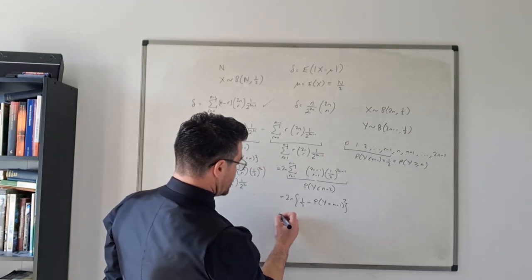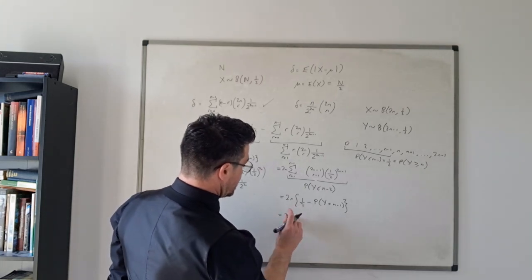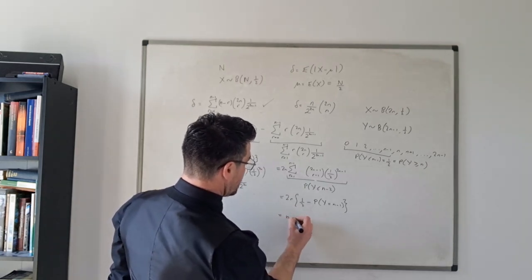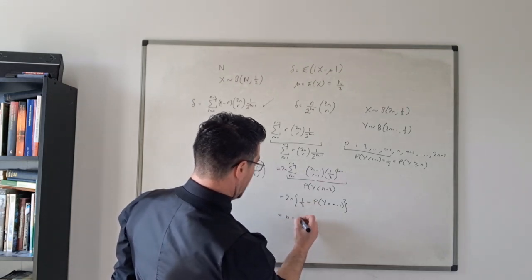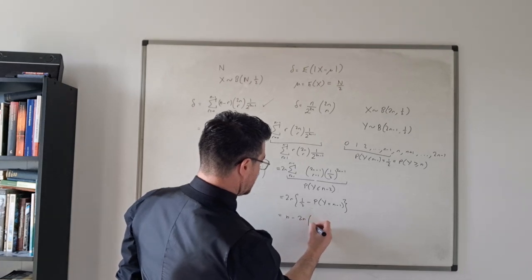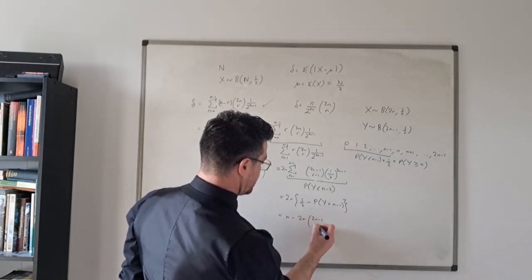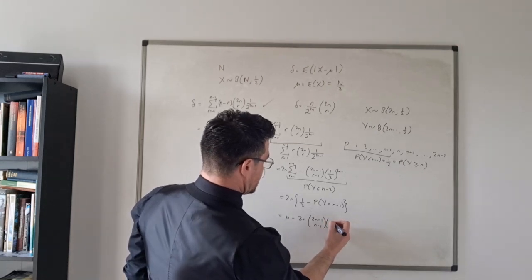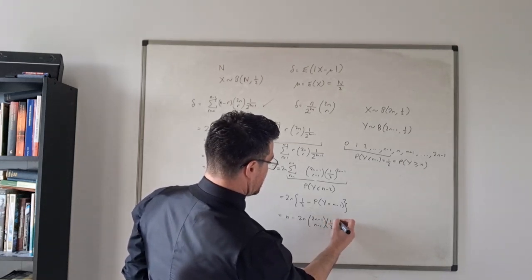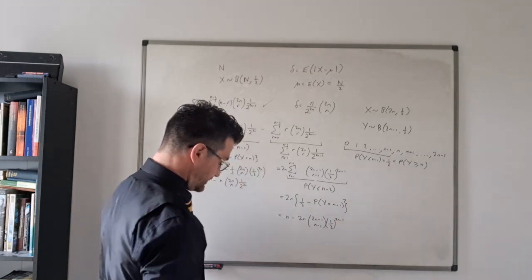Which is equal to n minus 2n times 2n minus 1 choose n minus 1, times half to the power of 2n minus 1.